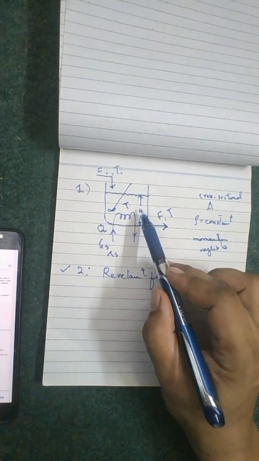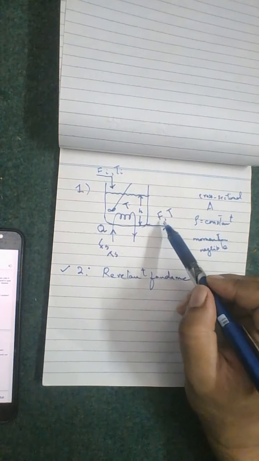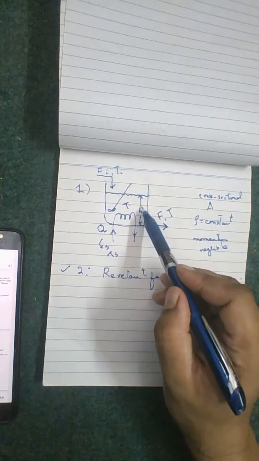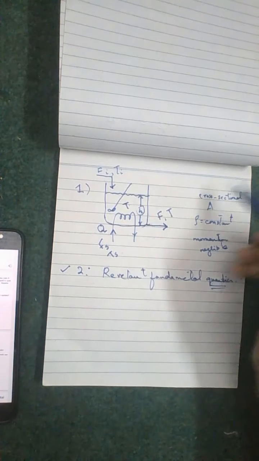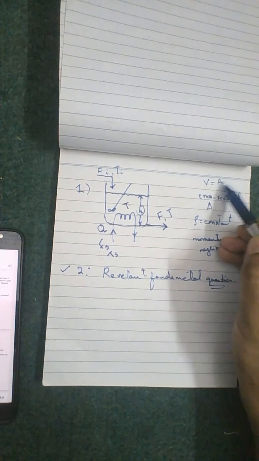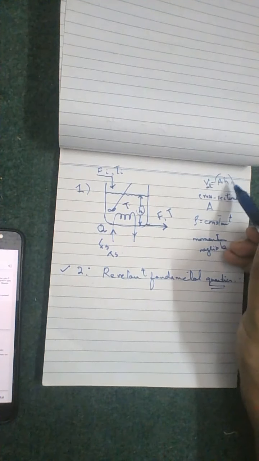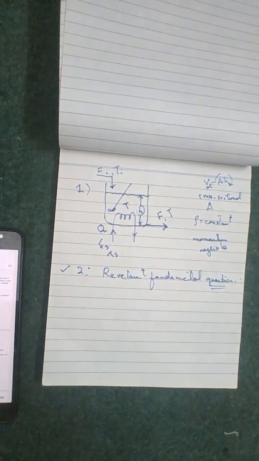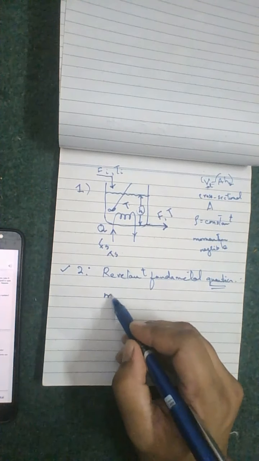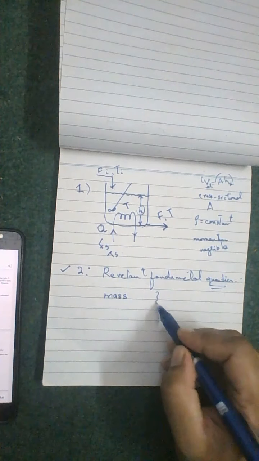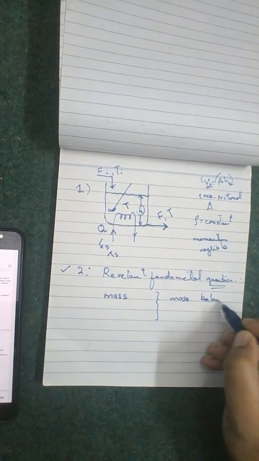Now, as the inlet flow rate is variable and the outlet flow rate is variable, this height is changing. This height is representing its volume by a formula. Volume is equal to area into height of this liquid. So this volume is the liquid height, because this height is of the liquid, and the volume is representing the mass. So the basic relevant fundamental quantity in this will be the mass, and related to it we will be applying a mass balance on it.